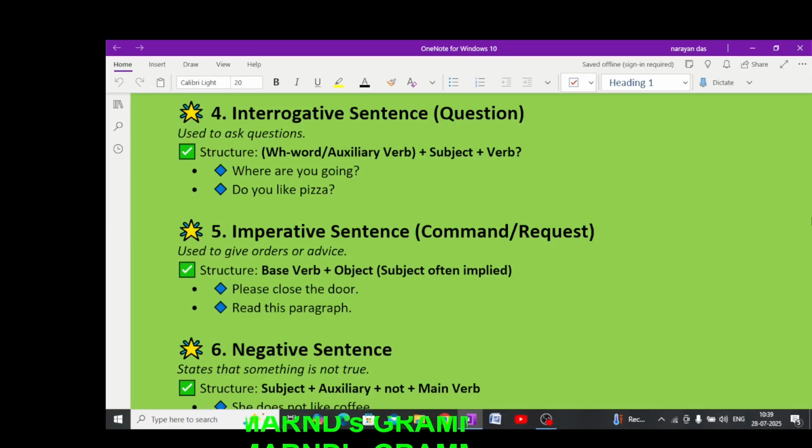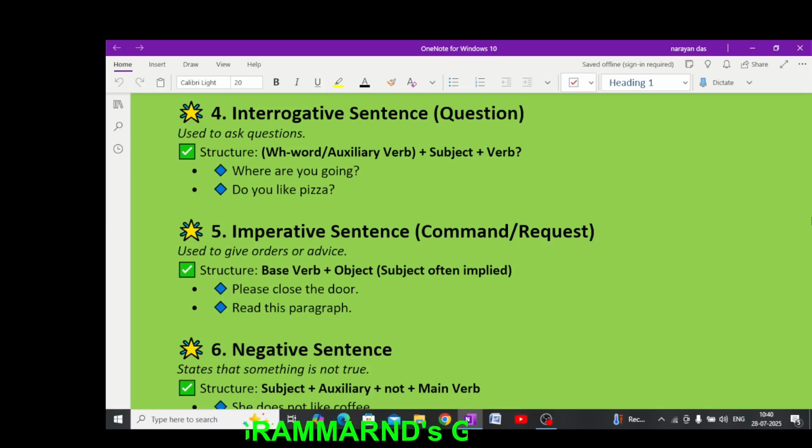Example sentences are, please close the door. Please is the requesting word, close is the verb, door is the object, but who is requesting is silent, or to whom it is told is silent, because the person is in front of us and he is the second person.